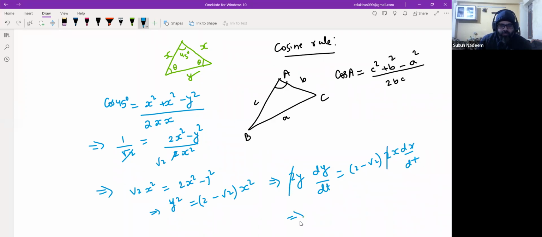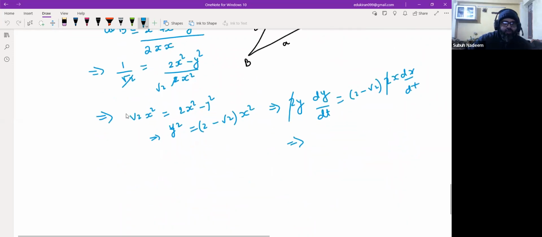Now y and x have some relation and you have to use that relation, but it is becoming too lengthy. Let me see the answer. What is the answer? The answer is also in those terms. So we have to do the calculation anyhow.